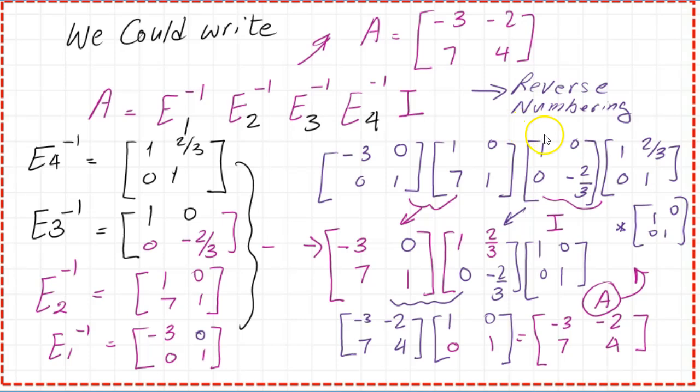We multiply all of them together, and then we multiply by I, 1, 1, 0, 0. At the end, we will get the matrix A, the original matrix, which was minus 3, minus 2, 7, and 4.